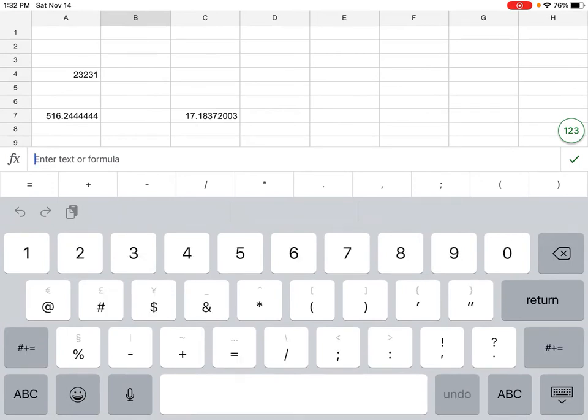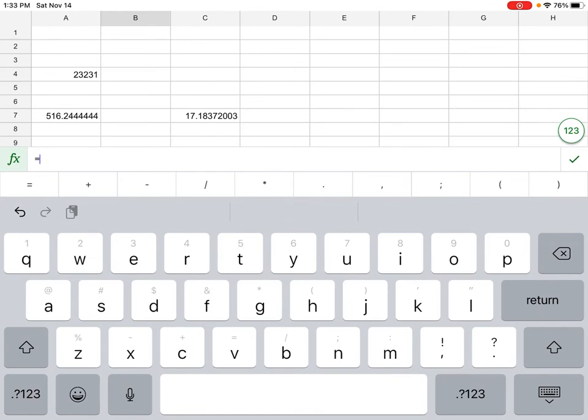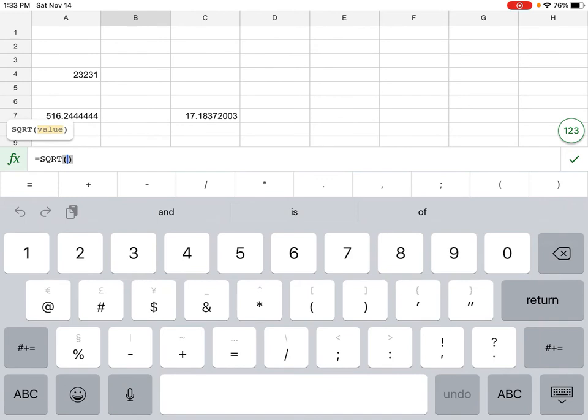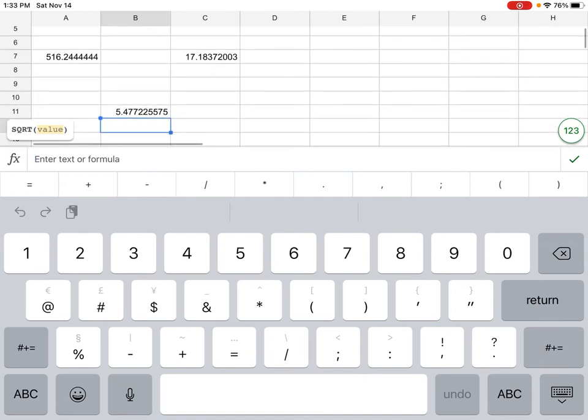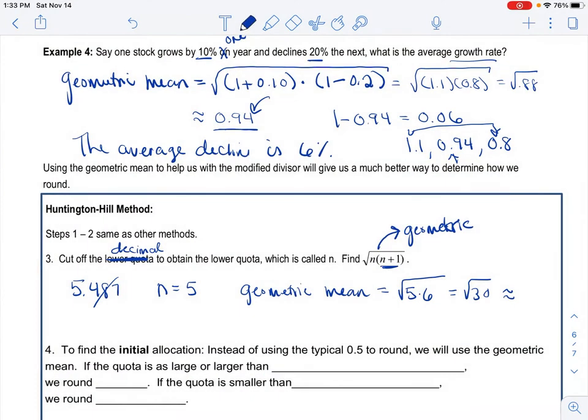You do equals, then the square root function, which I believe is SQRT. There it is, square root. And what I'll do is 5 times 6. Enter. And let's see where I went. So I get about 5.477.